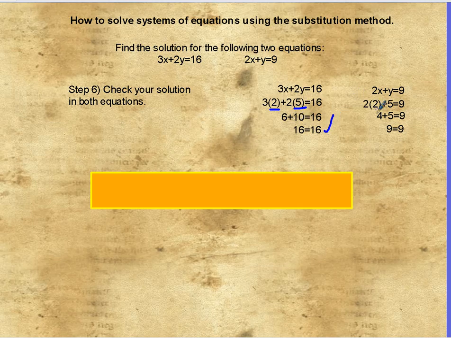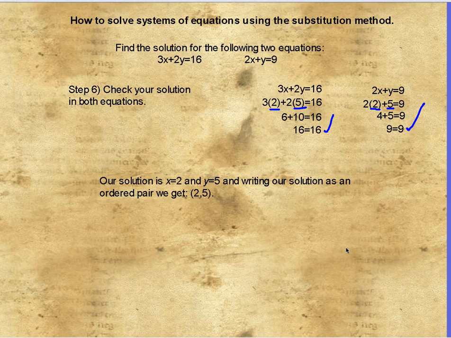Perfect. Doing the same thing, x equals 2, y equals 5, we get 9 equals 9, and we're good. So, we have that our solution is x equals 2 and y equals 5. And writing our solution as an ordered pair, we get (2, 5).